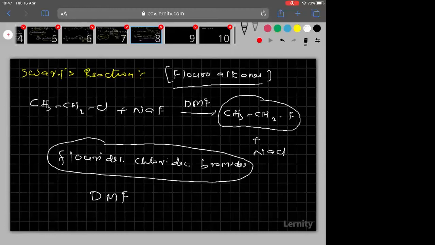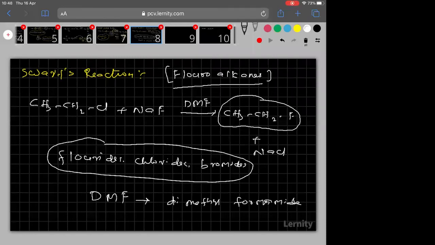There are students asking why iodide. In the next class, we are going to study chemical properties. There, the thing will be clear. And students are asking the full form of DMF. Here I am writing, the full form of DMF is dimethyl formamide.